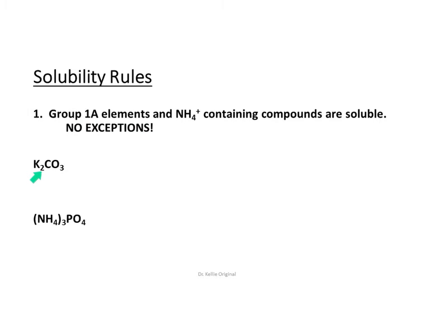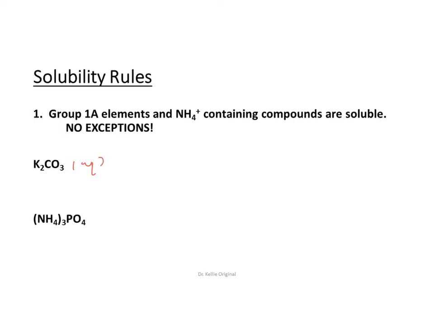Is potassium carbonate soluble or insoluble? Well, we see it contains potassium, and potassium is a group 1A element. So if it contains a group 1A element, it's soluble. So we would know that this would be soluble in water, and that's a cursive AQ. People always question my handwriting.